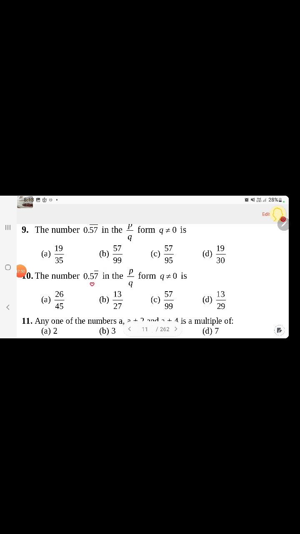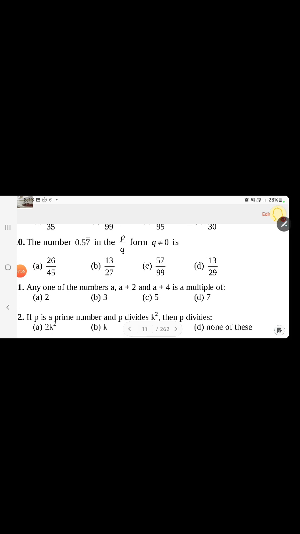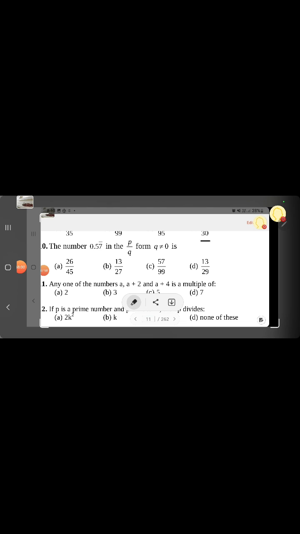Here only 7 is repeating, not 5. Okay, yeah, now let's do it. Let it be n. So n is equal to 0.5777. Now we know only one decimal value is repeating.